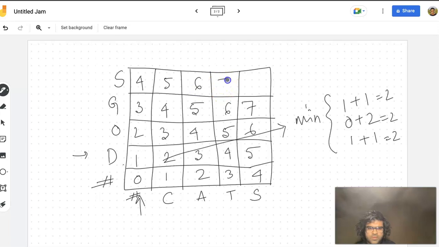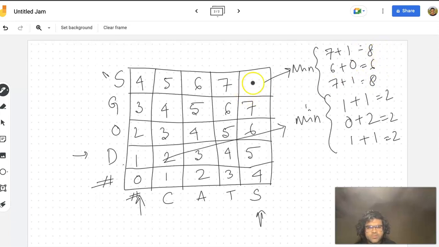This will be 7. Now, if we calculate this thing, what will be the minimum? The minimum of 7 plus 1 or 6 plus 0, because S and this S are the same. So it will be 6 plus 0, and 7 plus 1. So 8, 6. So minimum, it will be 6.